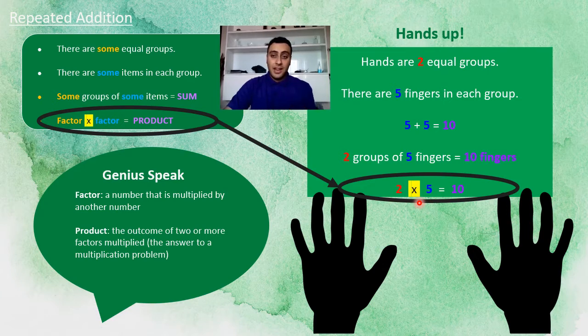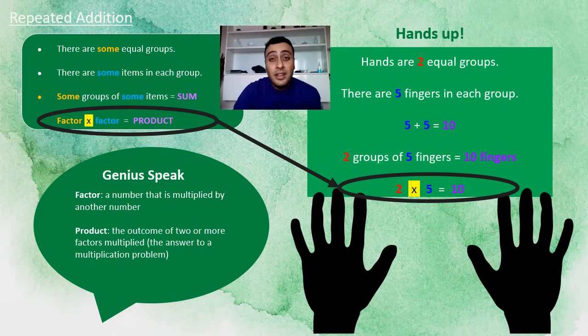It's 10. Now, we call all of this together sum. Multiplication, sum. So 2 times 5 equals 10 is multiplication, sum. Now, if you're confused, it's okay. I will show you more examples so you can understand better.